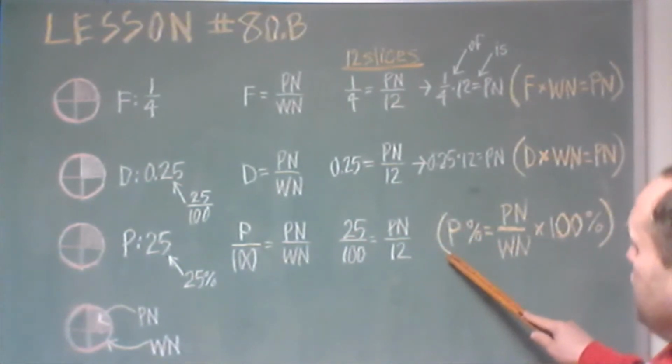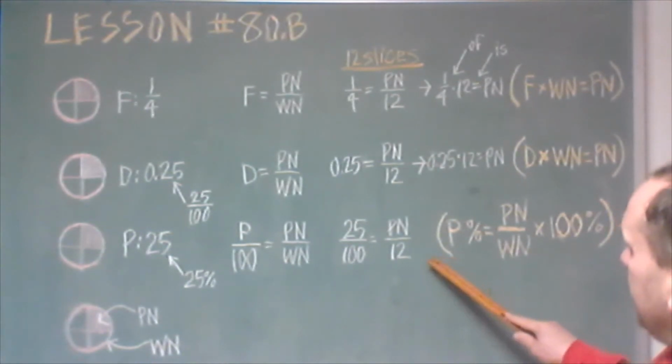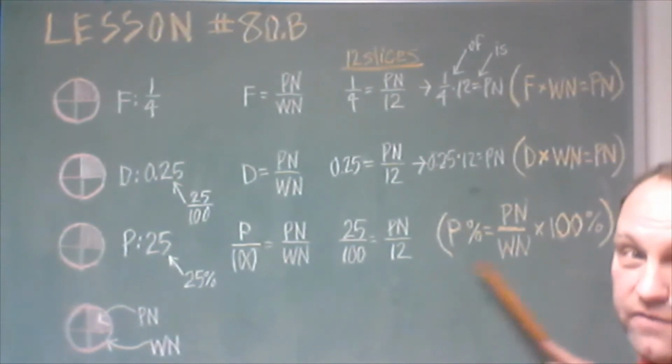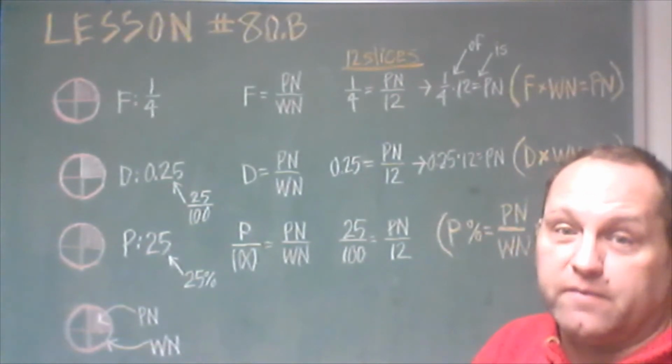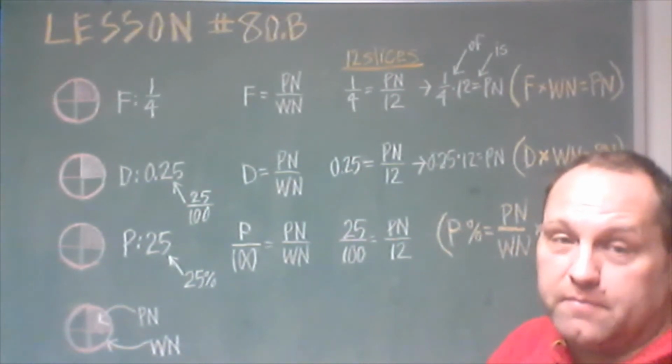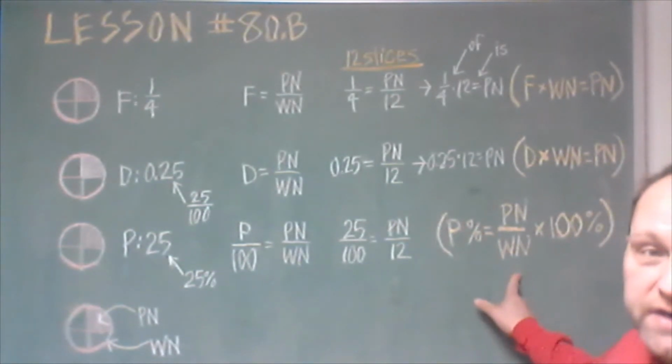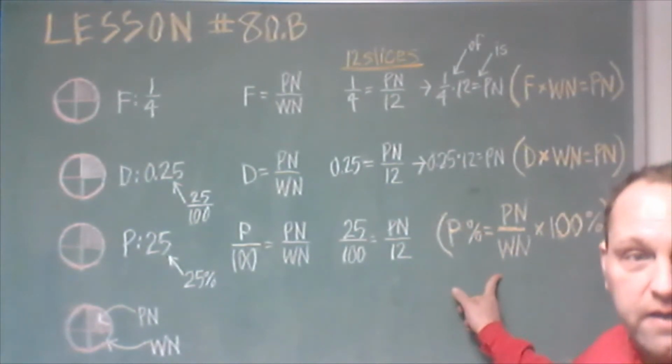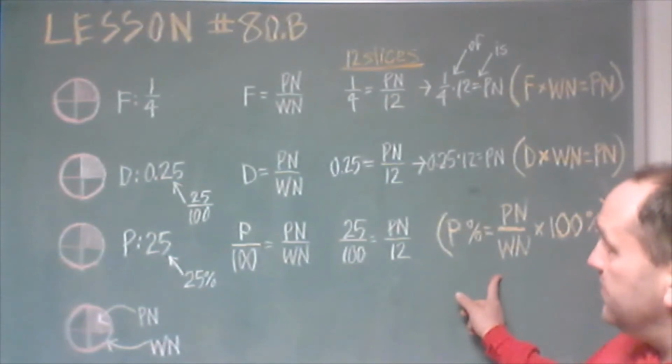And normally, this is the percent equation I've used. You know I'm not a big fan of the bubble diagrams for teaching percentage in the Saxon curriculum. This is typically a percentage formula you'll see used to determine percentage.